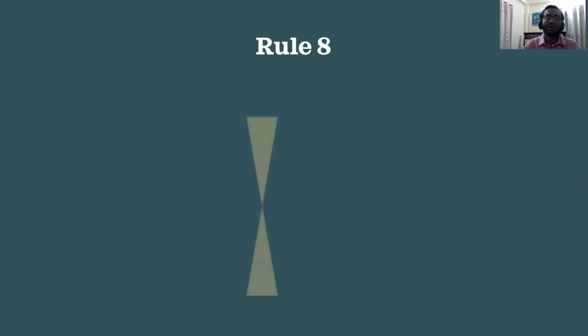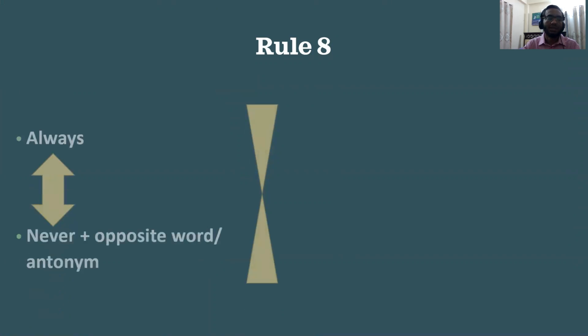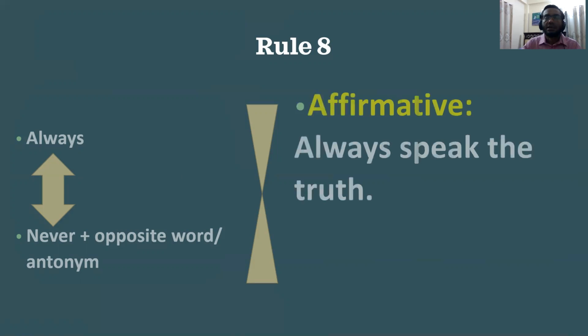What is rule 8? In rule 8, we can see that "always" in the affirmative sentence can be replaced by "never" plus opposite word or antonym. I'm going to say that the word "always" in the affirmative sentence can be replaced by "never" plus opposite word or antonym. So let me give an example for you.